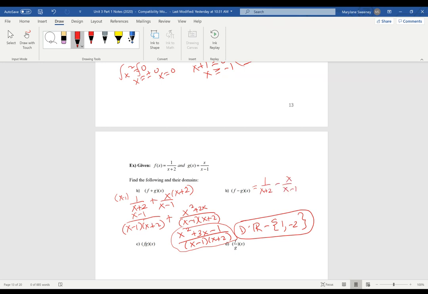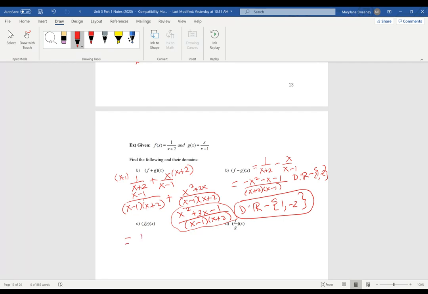That, again, I won't go through the whole common denominator. Well, I'll just tell you what you're going to get. You're going to get negative x squared minus x minus 1 over x plus 2, x minus 1. So when we go to do the domain, same thing, all reals except for 1 or negative 2.